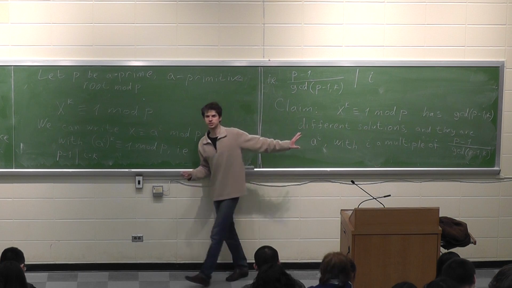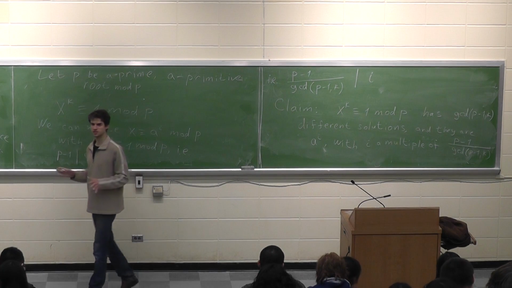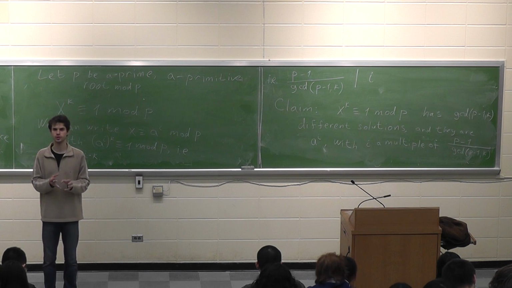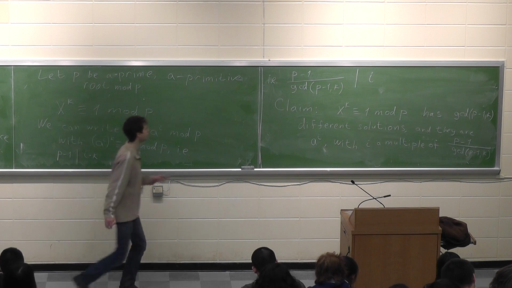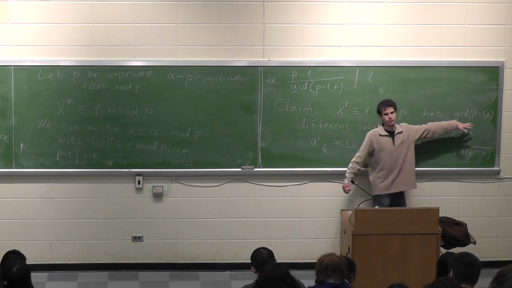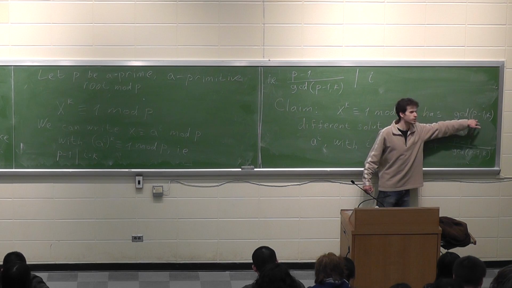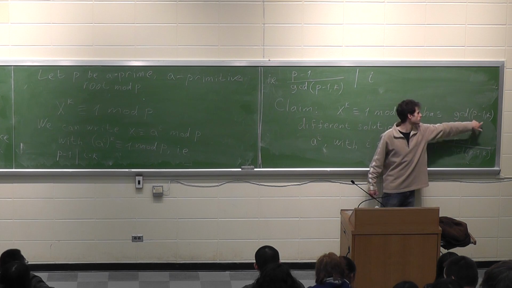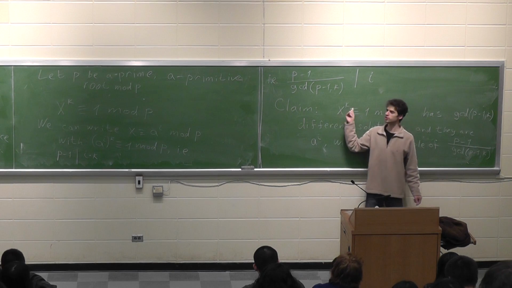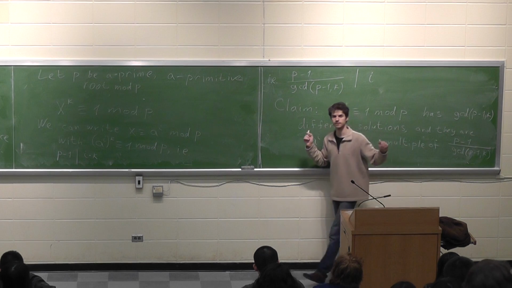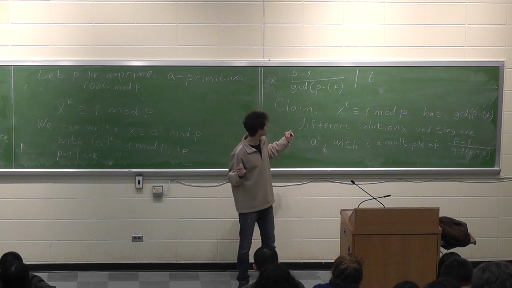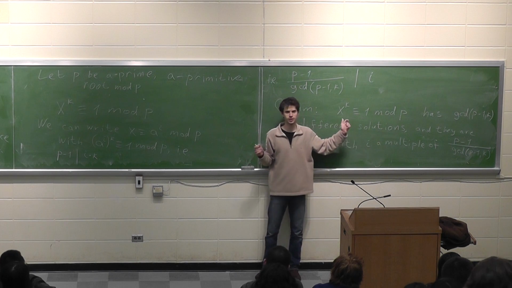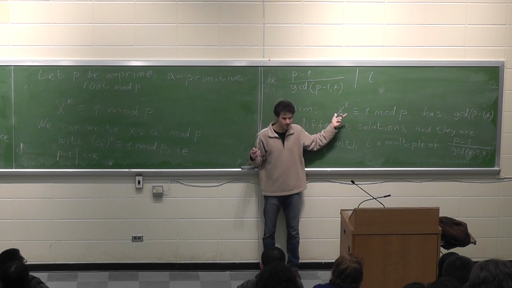So once again, in this result, part of the result doesn't depend on a particular choice of the primitive root. It just doesn't depend at all. If you want to count how many solutions there are to this equation, here's the complete answer. It's the GCD, greatest common divisor, of your exponent here and p minus 1. Example: if k is relatively prime to p minus 1, we already considered this case.